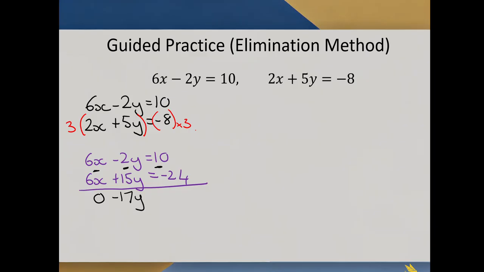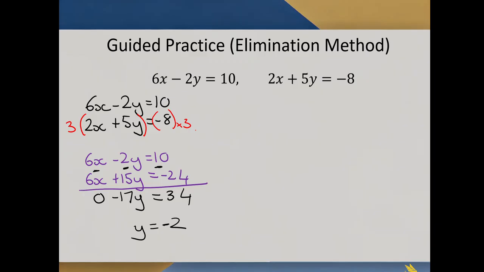So that means I've got negative 17y is equal to 10 take away negative 24. That means it turns into plus, so it becomes 34. And we know then that if we divide 34 by 17, we will get 2. But 17 is negative, so we're doing the opposite, so it'll be negative 2.